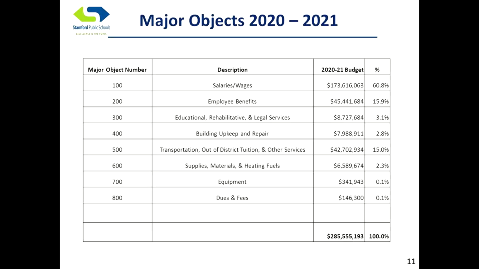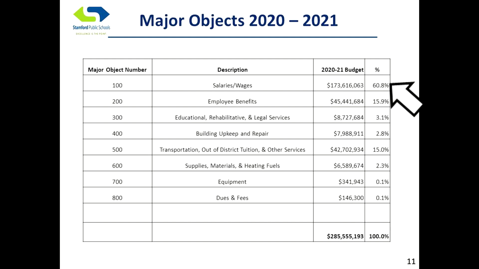The object dimension of the budget can be further summarized into major objects. For example, objects 101 through 123, which all deal with the wages of different employee groups, can be summarized as object 100, salaries and wages. This helps provide a high-level view of how funds are allocated.